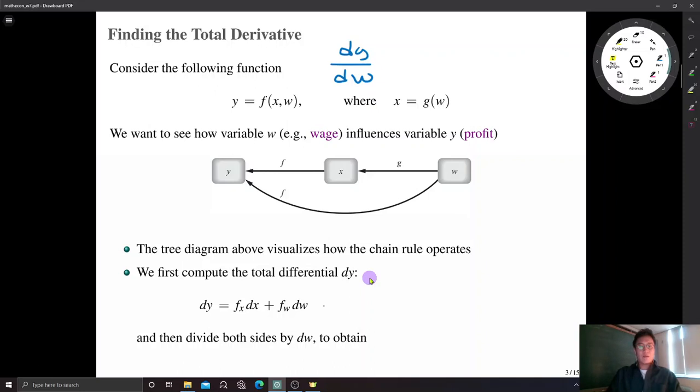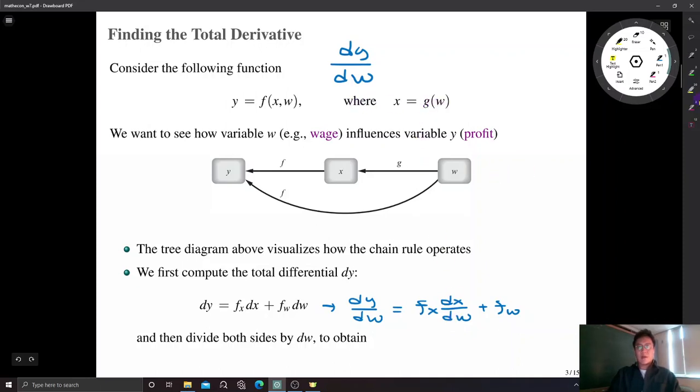Then we obtain dy over dw equals, so that is a derivative rate of change, right? And we have f sub x dx over dw plus f sub w. Now dw will be cancelled, so we have this one. Okay, then I can rewrite this because there's an association between x and w, that is given by function g. And dx over dw, that is nothing but the derivative of this one.